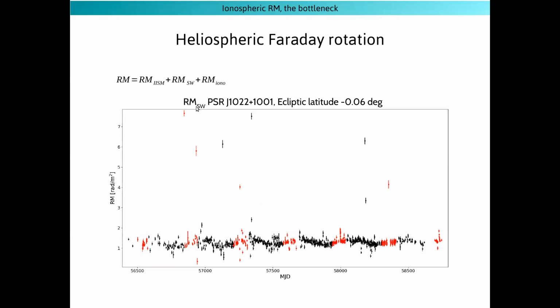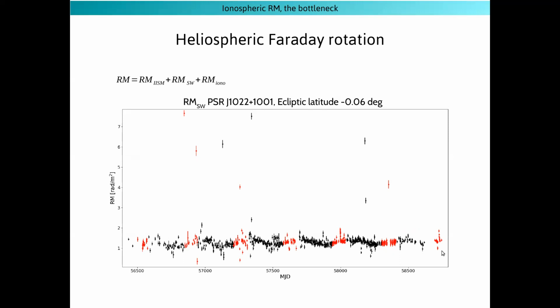So the RM that I'm showing here has been already subtracted, not of the interstellar medium component, but of the ionospheric component, as we can predict it with some cutting edge software such as RM extract from Mike Mevius. But this wavy signature is clearly a systematic left by the software.